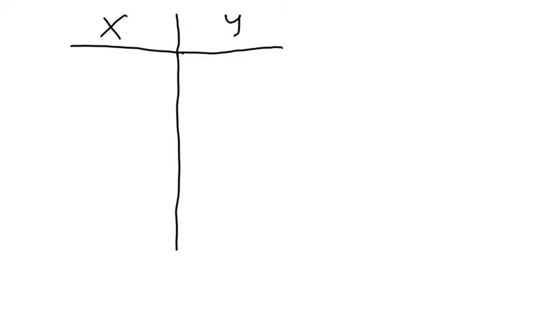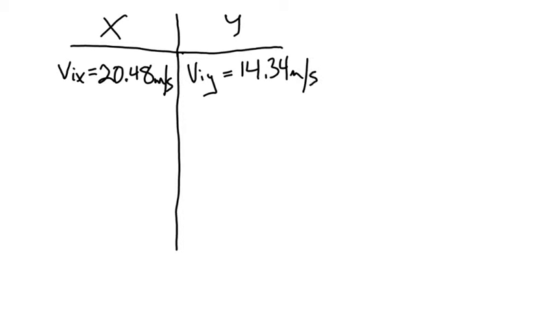We know the initial velocity in the x is 20.48 meters per second, and we know the initial value of the y velocity is 14.34 meters per second. We know that the acceleration in the x never changes.